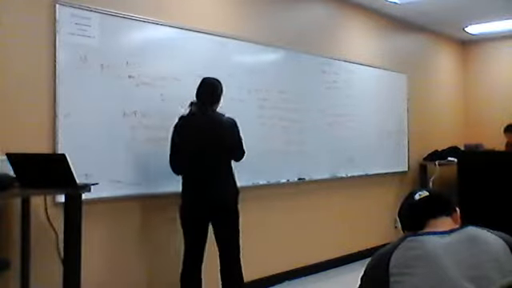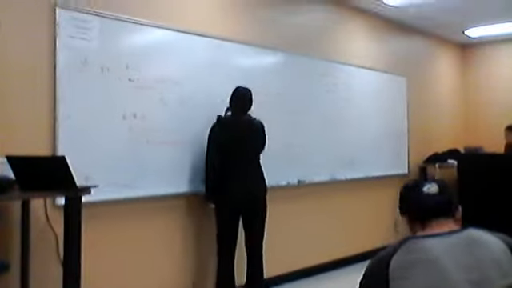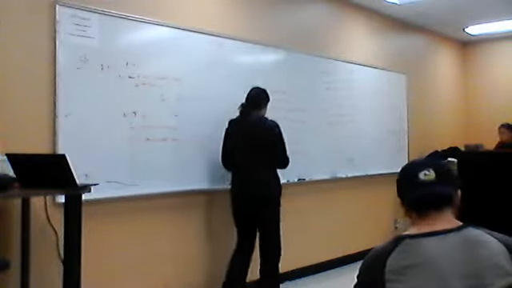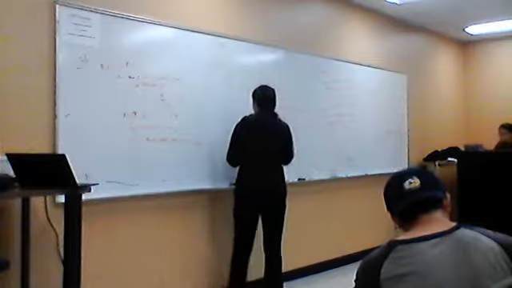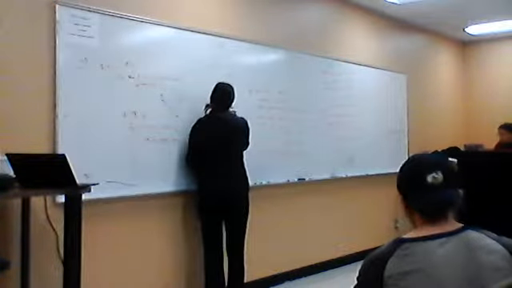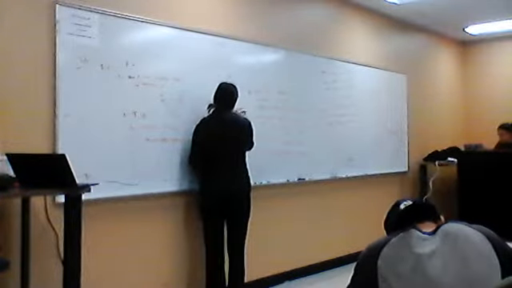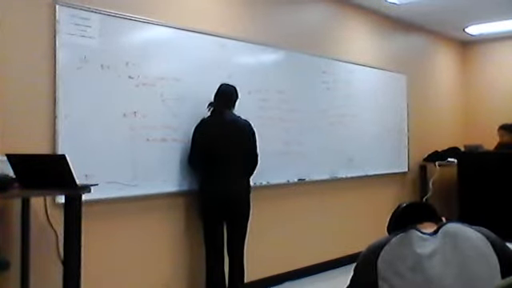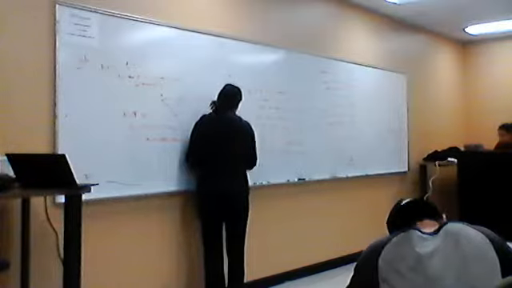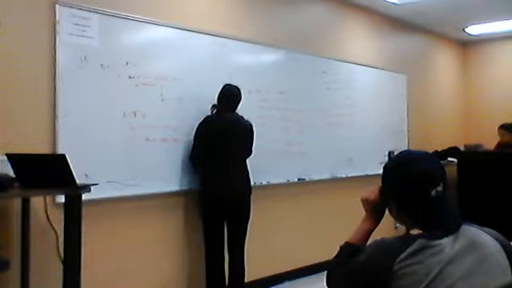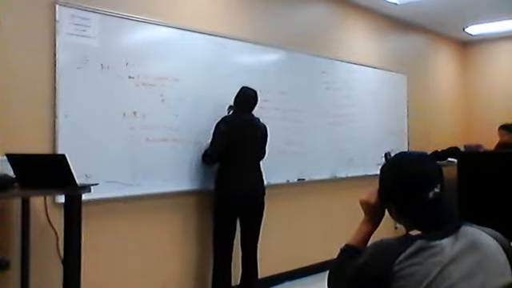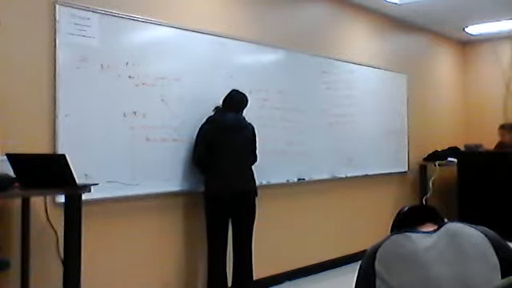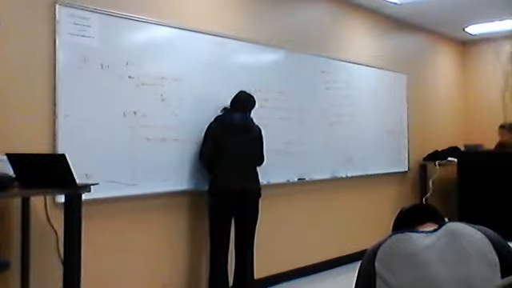Both DFS and BFS run in O of n plus e time, or e plus v time, and tell you who is connected to who.